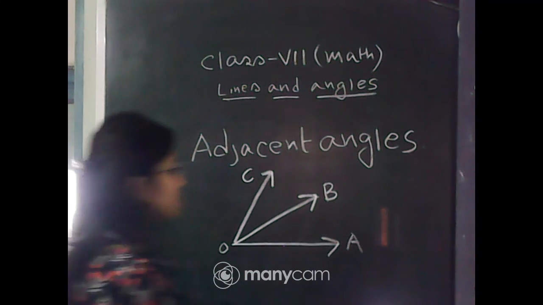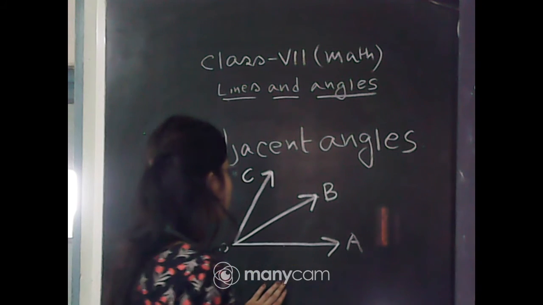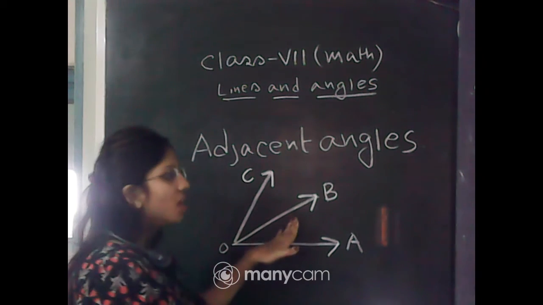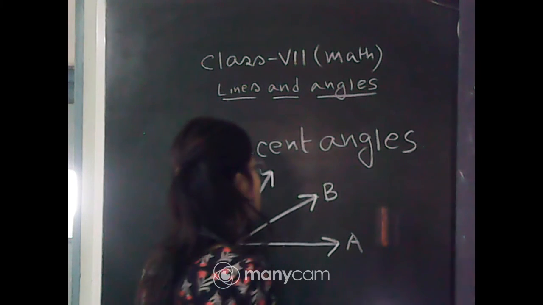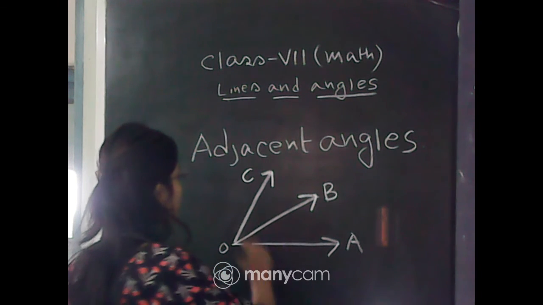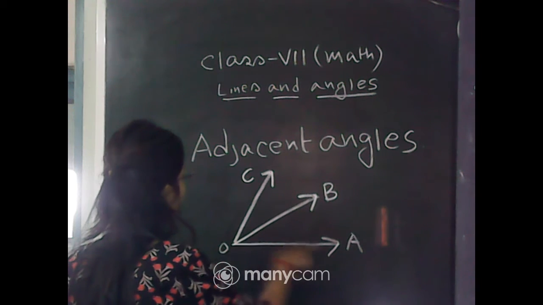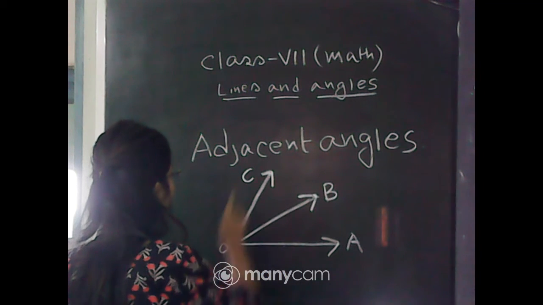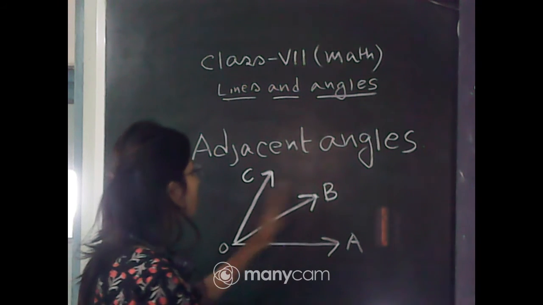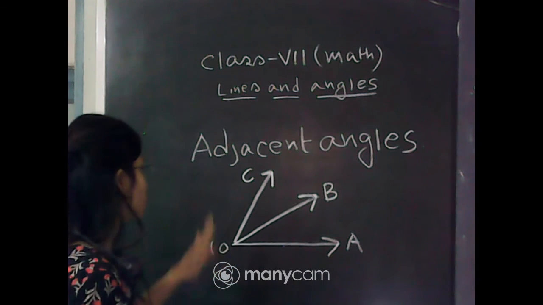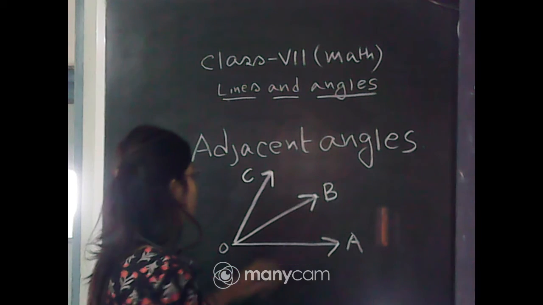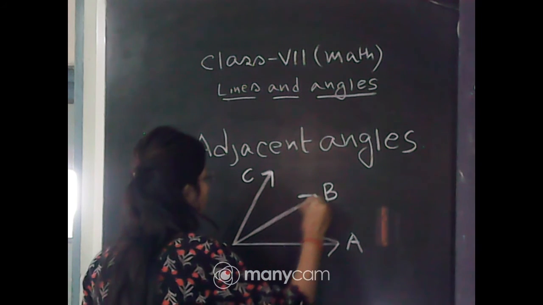Two angles are said to be adjacent angles if they have a common vertex, a common arm, and the non-common arms are on either side of the common arm. Here we see that angle BOA and angle BOC have the common vertex O, common arm OB, and the non-common arms OA and OC are on either side of the common arm OB.